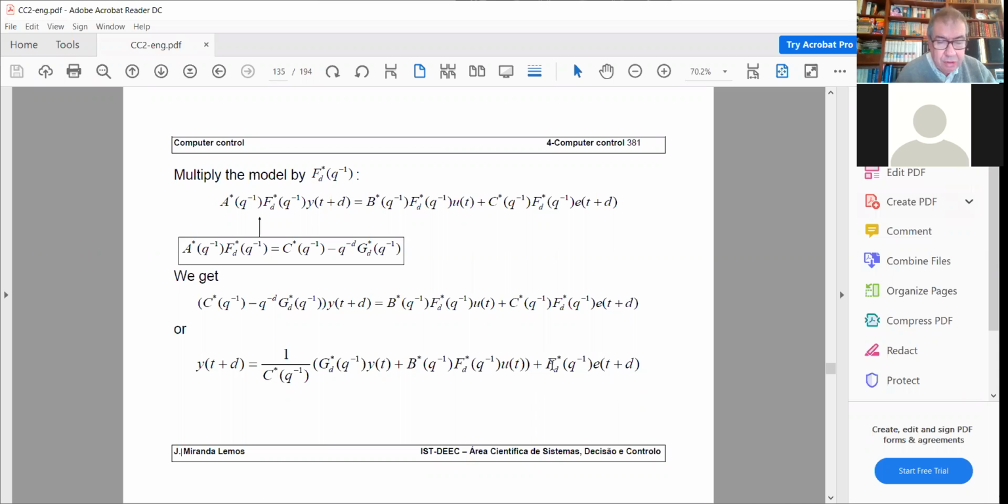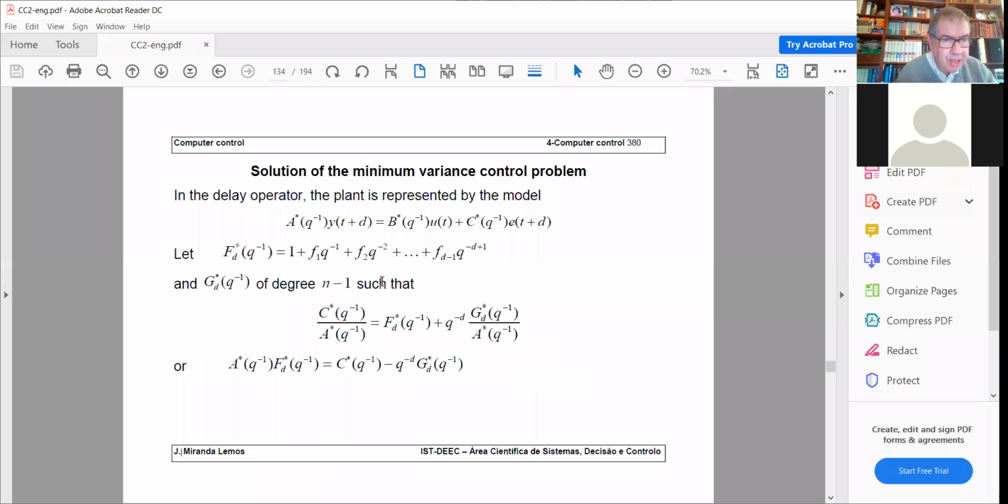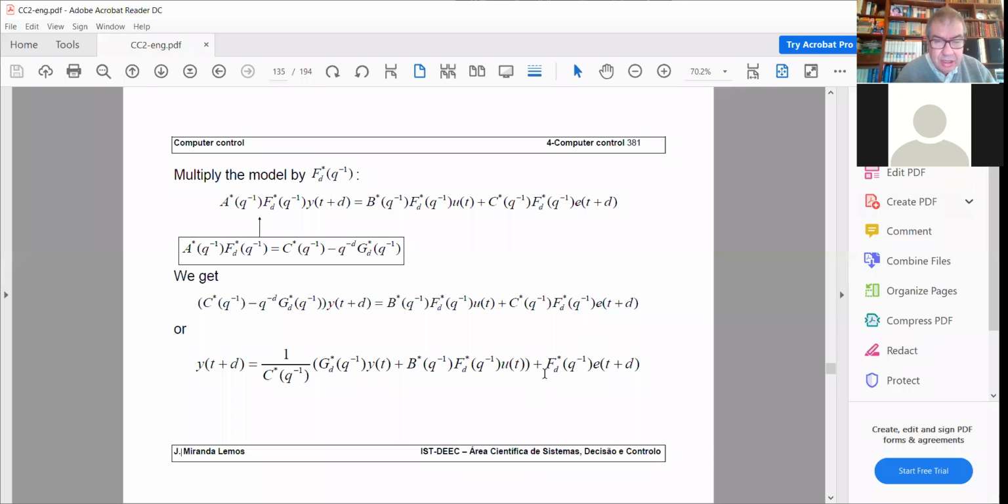Why t plus 1 in the future? Because we have E of t plus D, and remember that F is 1 plus F1 Q minus 1, F2 Q minus 2, etc., and it has a degree of D minus 1. So this is a linear combination of E t plus D down to E t plus 1, and the coefficients of the linear combination are the coefficients of this F polynomial.